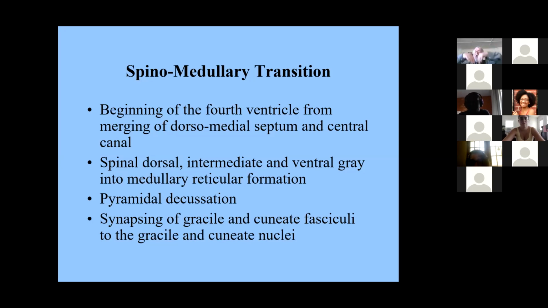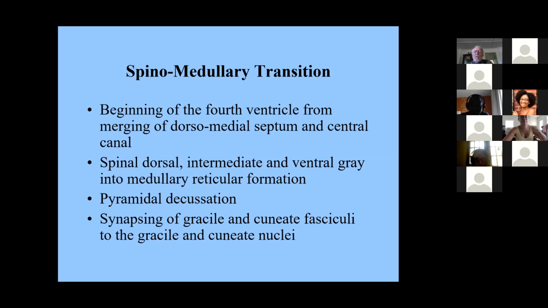The vast majority of them are heavily myelinated fibers that have not synapsed in the cord and run through the gracile and cuneate fasciculi up into the dorsal medulla, where they synapse on the gracile and cuneate nuclei. It's rather hard to see a synapse grossly, but we're going to start to see that.